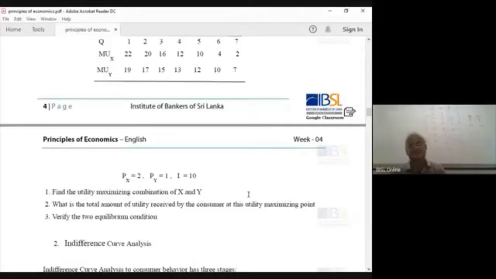6 units of Y: the first unit is 19, second unit 17, third unit 15, fourth unit 13, fifth unit 12, and sixth unit 10.